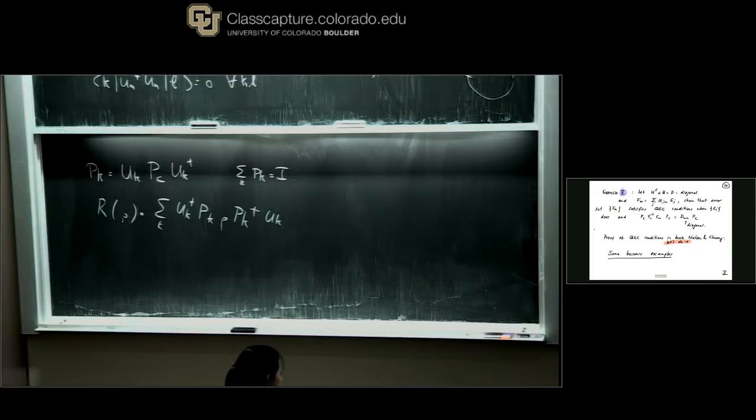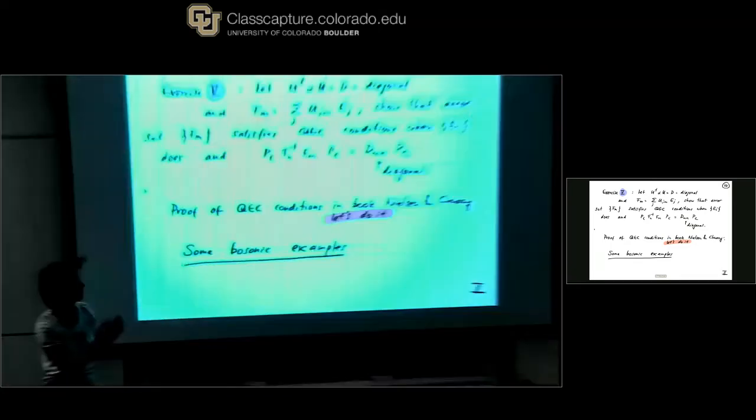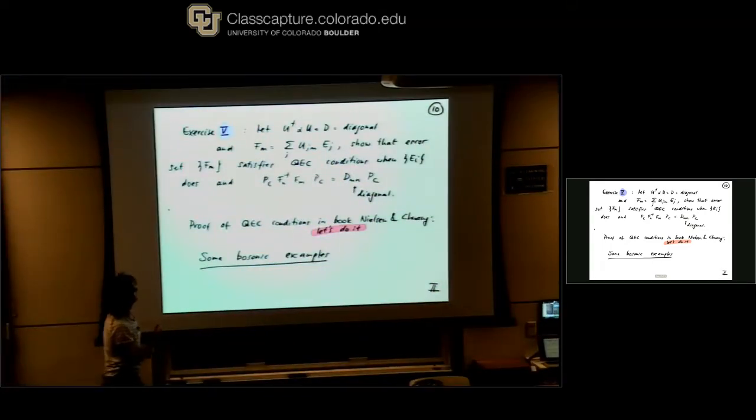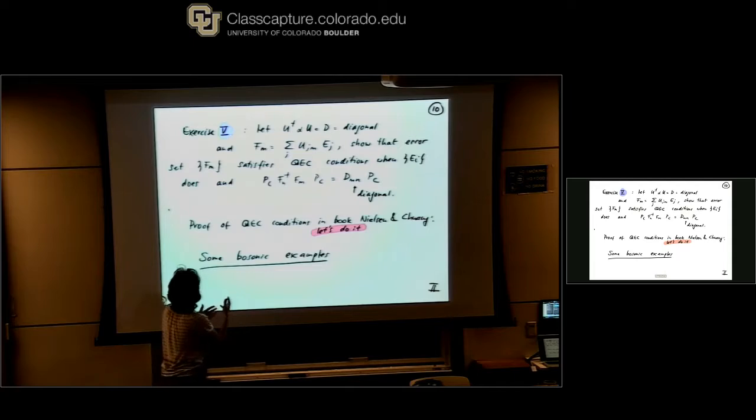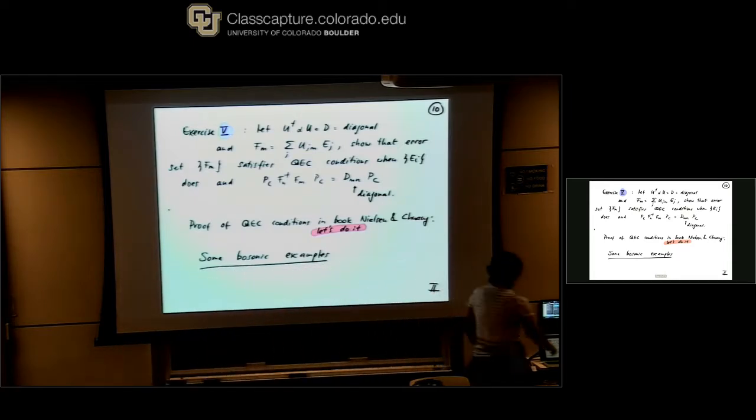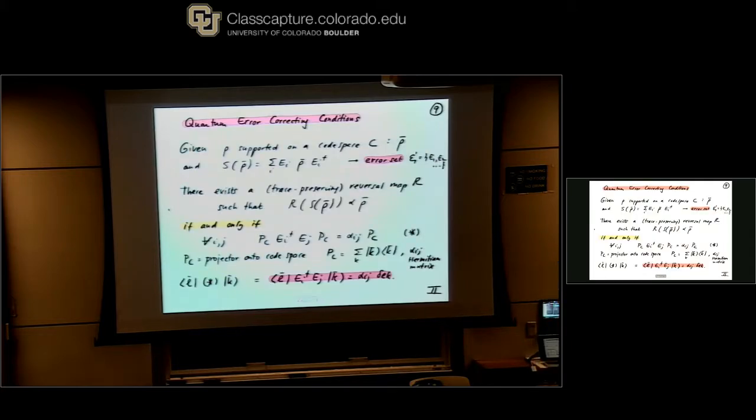And so now maybe this shows you why I focused on these superoperators, because they give you this set of Kraus operators. So now we can say, well, I have a set of operators, I have this error set, and I have a code space.